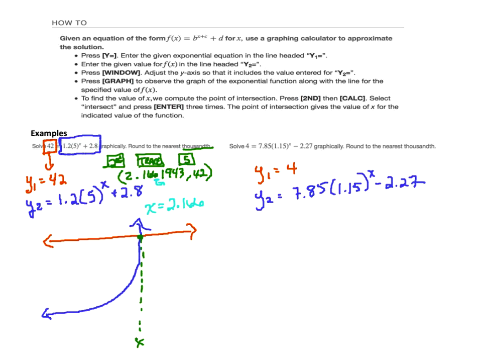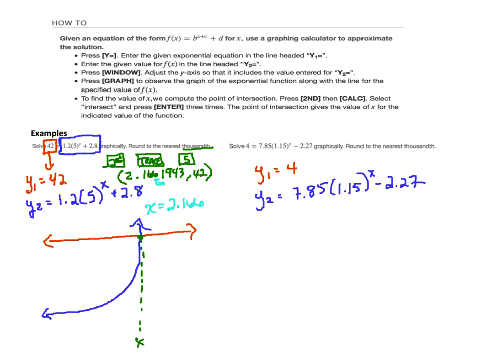Okay, so I do need to see, well, no, I don't need to see negative values because they cross above the asymptote. That makes sense. All right, then second and trace is my calculate menu. Go down to calculate the intersection. First curve, enter. Second curve, enter.